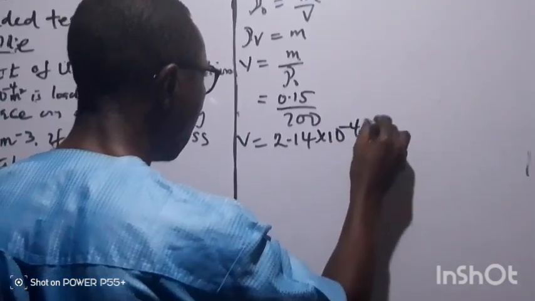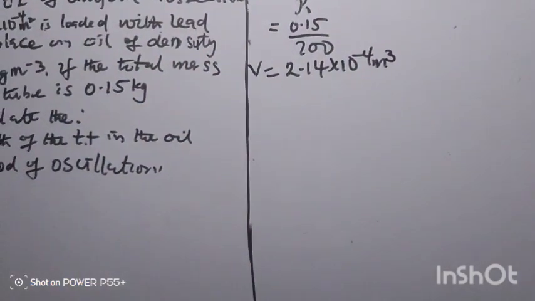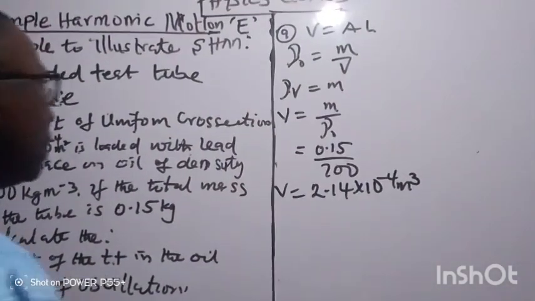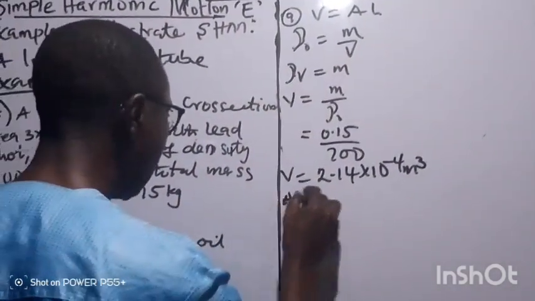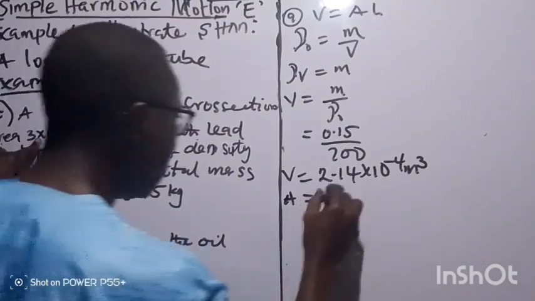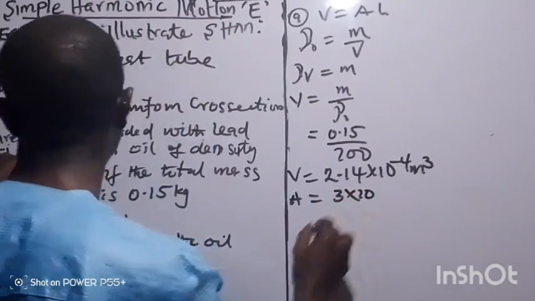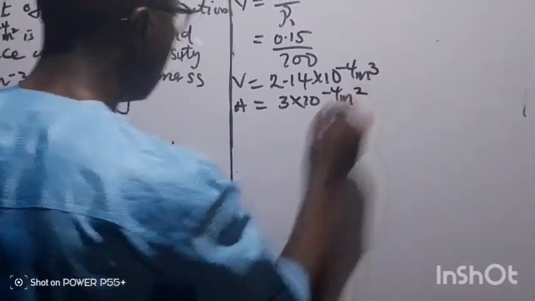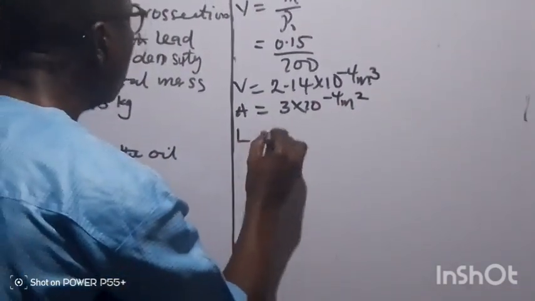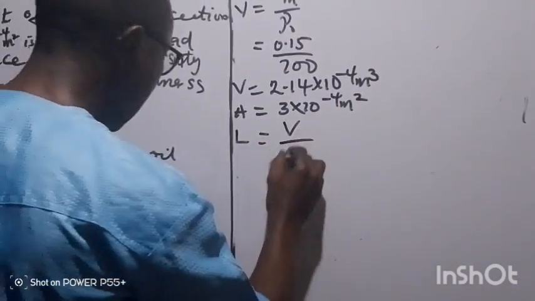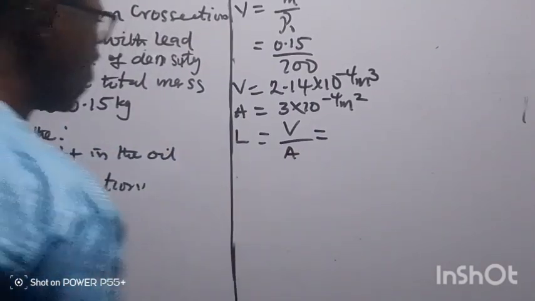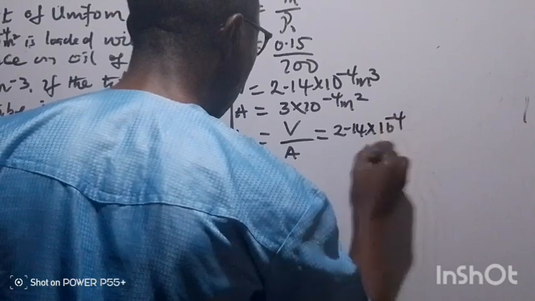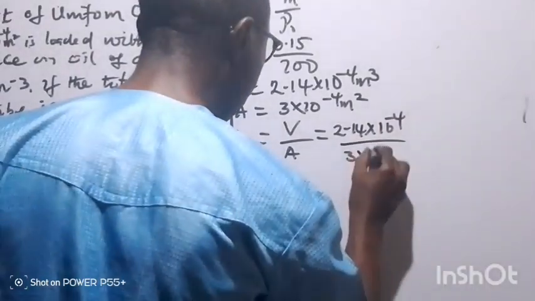Now from there, we can calculate the depth, which is the length. Area is given. Area in the question is equal to 3 times 10 raised to power minus 4 meter square. So length now will be equal to volume over area, which will be equal to 2.14 times 10 raised to power minus 4 over 3 times 10 raised to power minus 4.